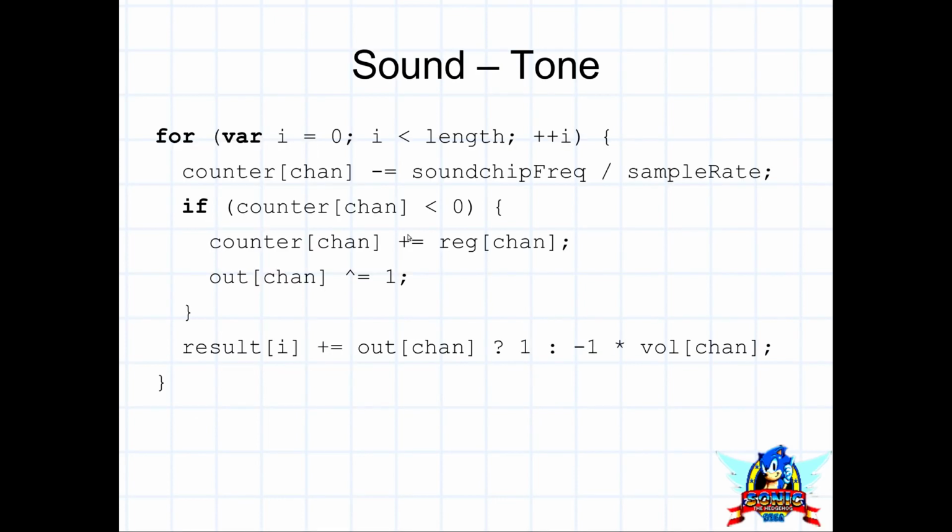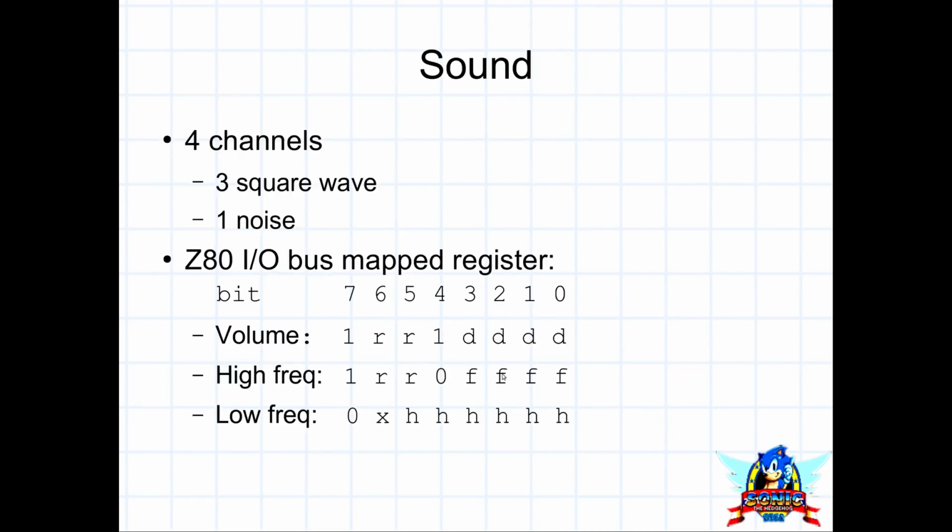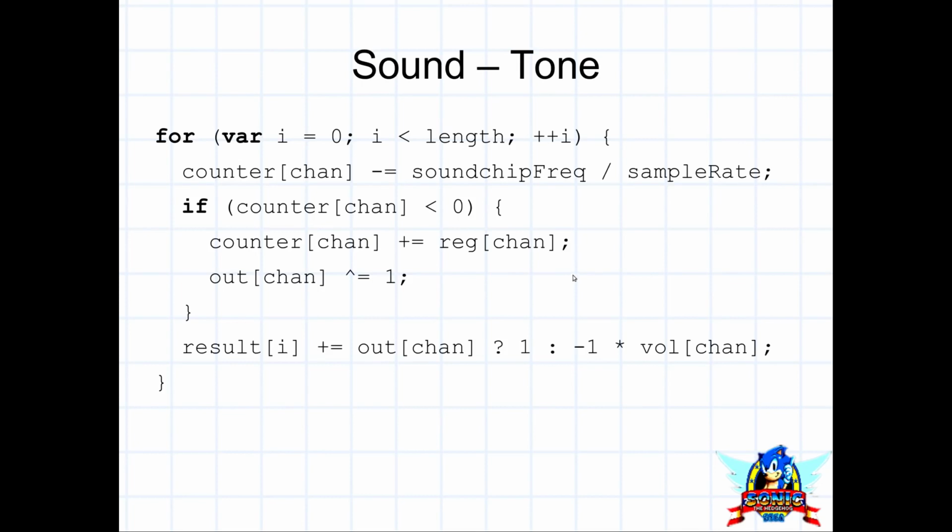And so to make an emulation of the sound, effectively what we're doing is we count down the frequency that was set in. The value, the high and low bits that were set in here to pick the frequency, we use to initialize a counter, and then depending on both the sample rate of the web browser that we're outputting to and the actual frequency that we're emulating the sound chip running at, we just tick that counter down.